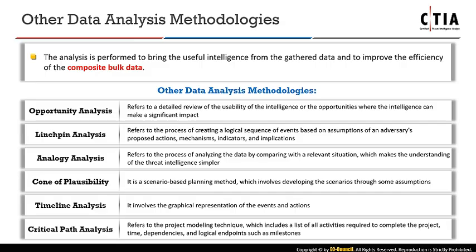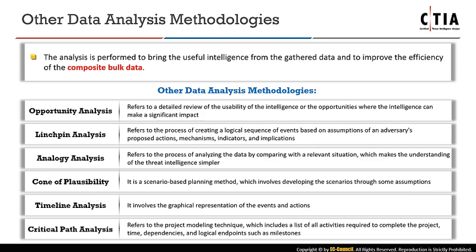We have timeline analysis, and what we're going to do is graphically represent our actions and events, and timeline analysis often works a lot. Some of these often work really well when you're brainstorming. Critical path analysis refers to the project modeling technique.